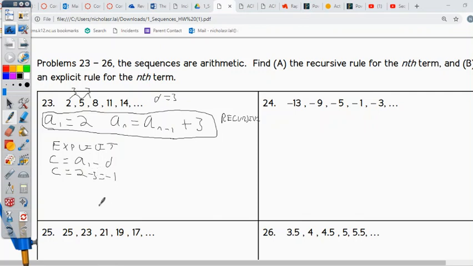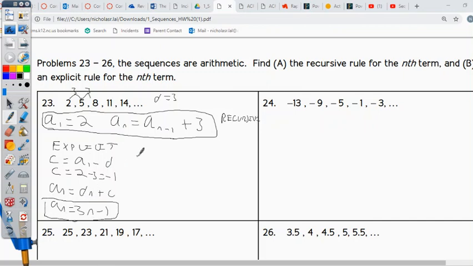That means AN is equal to DN plus C, which means AN is equal to 3n minus 1. So that's our explicit form.